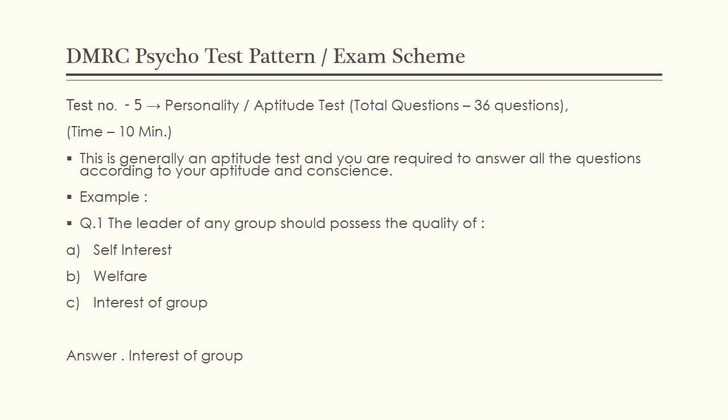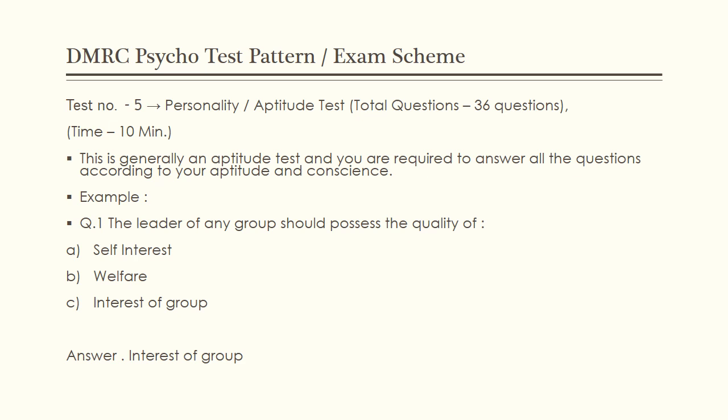For example: the leader of any group should possess the quality of self-interest, welfare, or interest of group. You have to have a positive approach to mark these questions, so the positive approach will be the interest of group. Self-interest means an egoistic approach, which is kind of negative.